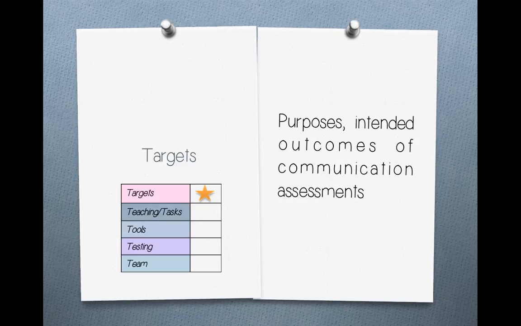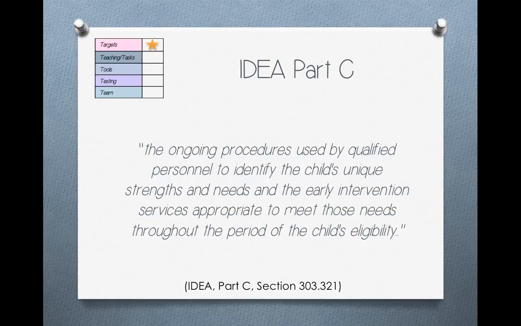So let's get into the targets, or purposes and intended outcomes, of the communication assessment. That's going to drive everything that comes after, is why are we doing this? If we look at the IDEA Part C definition, it states that assessment is the ongoing procedures used by qualified personnel to identify the child's unique strengths and needs, and early intervention services appropriate to meet those needs throughout the period of the child's eligibility.